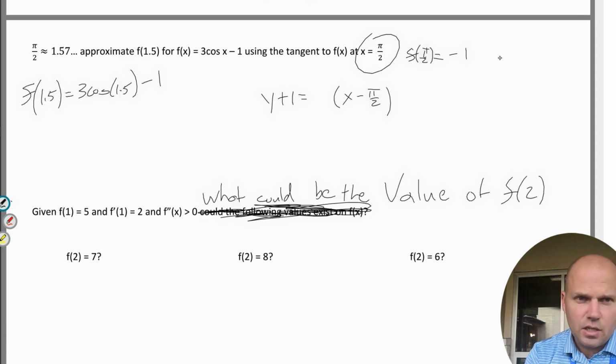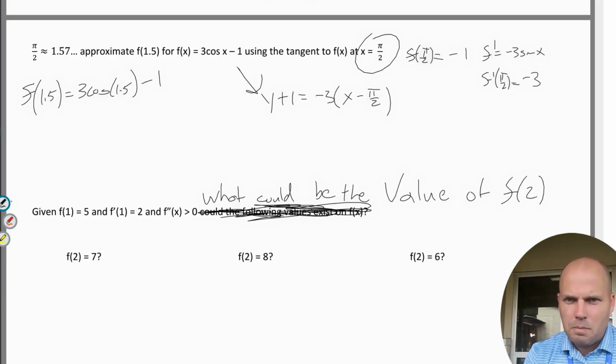I need the tangent slope equation. I got negative 3 sine x. The tangent slope at pi over 2 is negative 3. I'm going to put negative 3 right here. I am telling you this mimics the function around here.